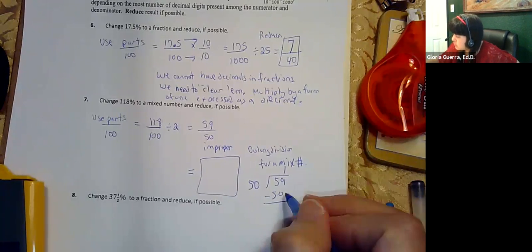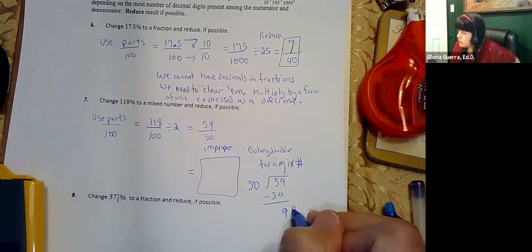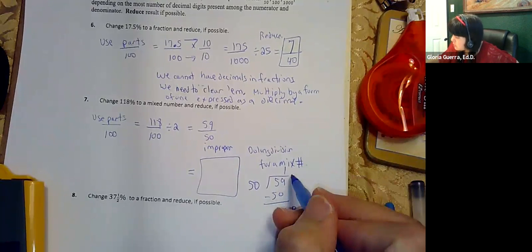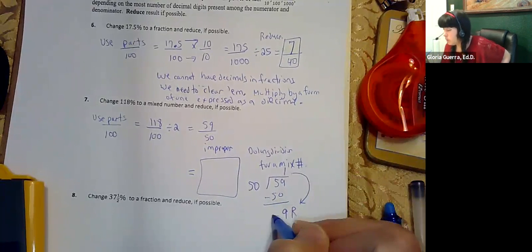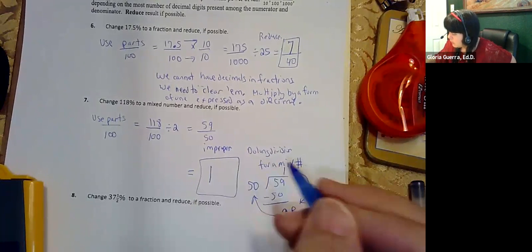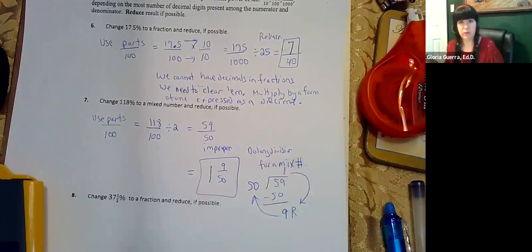And then 9 take away 0 is 9. And that's your remainder. So you see we go clockwise this way. That gives you 1 and 9/50. 1 and 9/50. And that would be your answer for that.